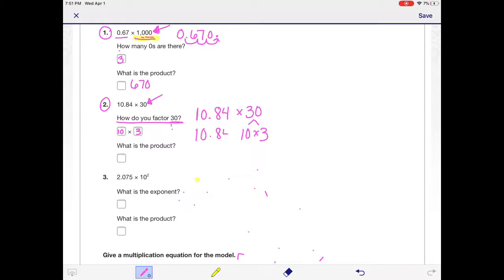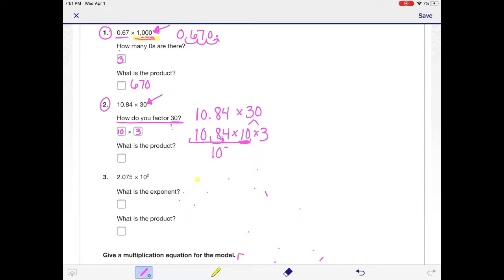So now we have this, which is a little bit easier because we're back to there being a power of 10 right here. So that means we're going to be moving the decimal. Whenever you see a power of 10, just move the decimal. Which way are we going to move it? To the right to make it bigger. So 10 and 84 hundredths times 10, we move this decimal over to the right.